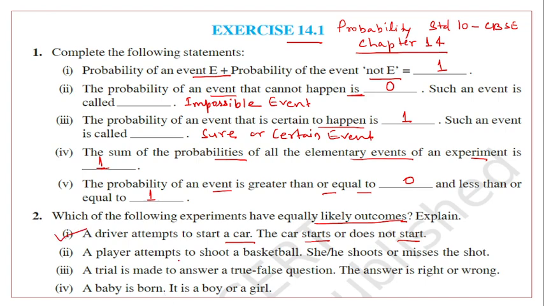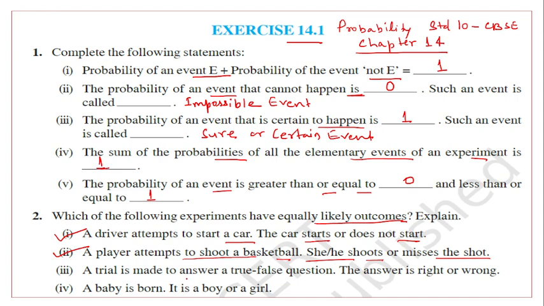Similarly, a player is attempting to shoot a basketball. She or he shoots or misses the shot. Either the basketball will go to the basket or it will not. So this is also an equally likely outcome.